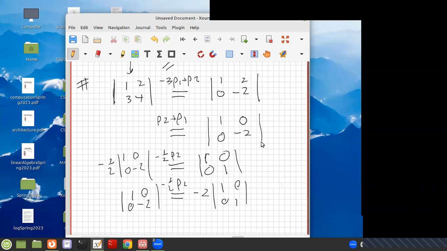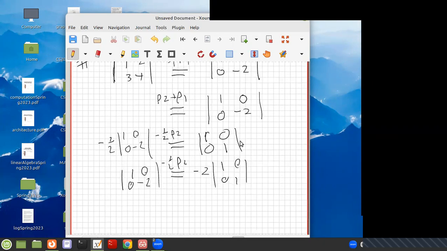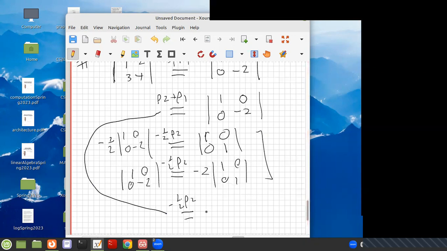Sorry. So it looks like to go from here to here, I just factor out the minus 2. That's much easier than thinking of it like this. So if I'm going to skip down here, what we want to write here is this. This is just an explanation. We'd like to write as equals minus 1/2 row 2 times minus 2, 1, 0, 0, 1.